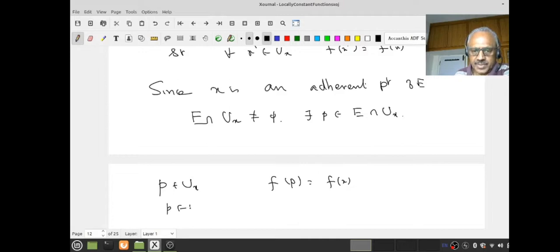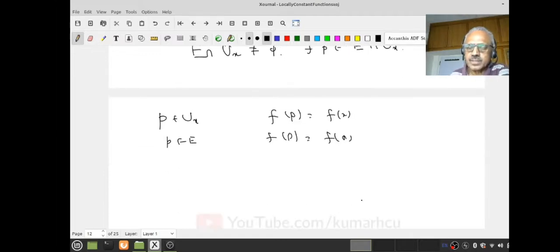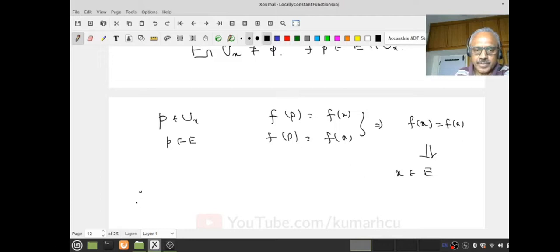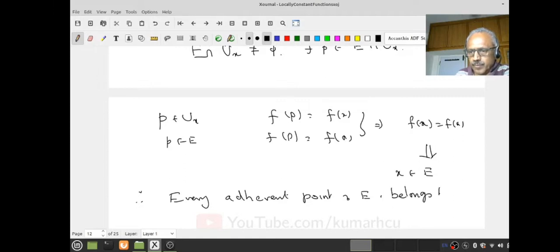But p belongs to E, therefore I know f(p) equals f(a). Therefore, what do I conclude? Both these things imply f(x) must be equal to f(a), but that in turn implies x is an element of E. Therefore, every adherent point of E belongs to E. Therefore, E is closed, right?